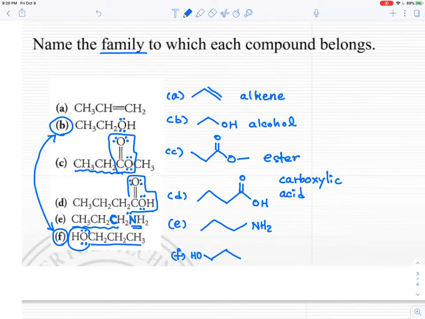But this is essentially the same as when people say 3 carbons with an OH connected to the other side. So this is what we call alcohol. Oh, and E, by the way, is what we call an amine. The name comes from ammonia, so that's where it's coming from.